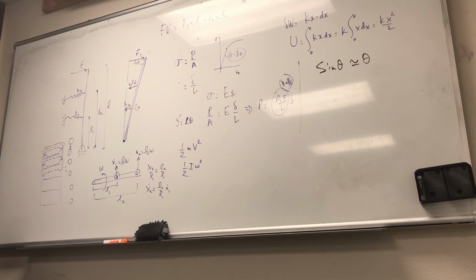A damper is assumed to have neither mass nor elasticity, because we don't want to mess things around, right? So just like a spring does not have any mass, the damper does not have any mass, and it does not have any K in it. It does not want to interfere with K, because K is doing the stiffness on its own.